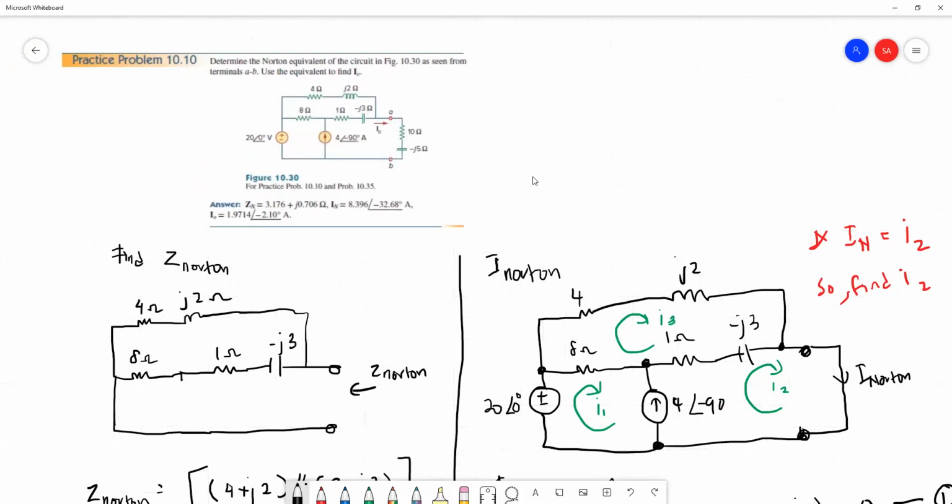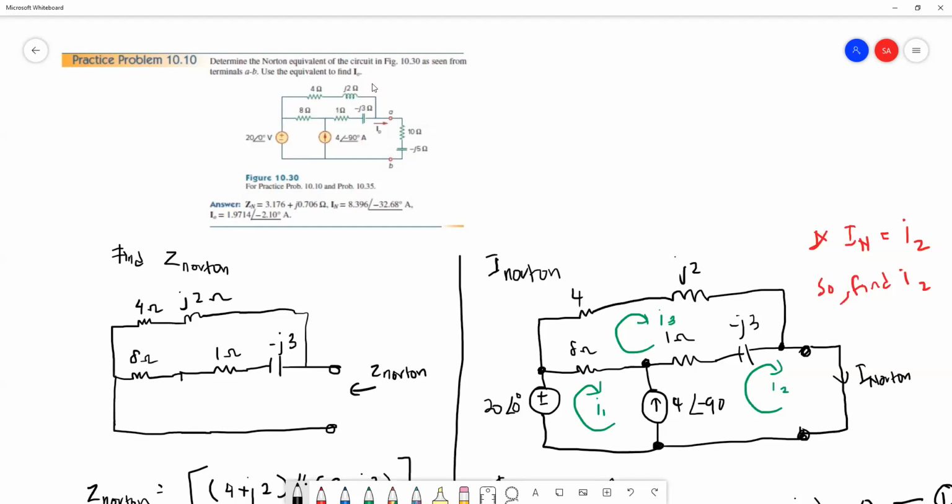This is also from your textbook. Determine the Norton equivalent circuit for the given circuit, as seen from terminal AB in figure 10.3. Use the equivalent to find Io.